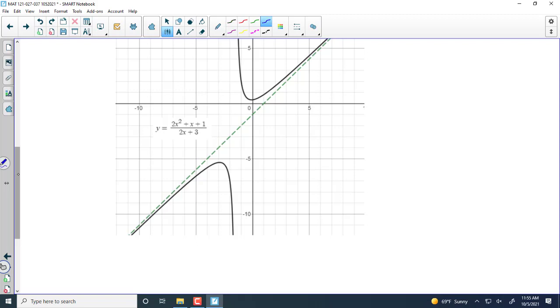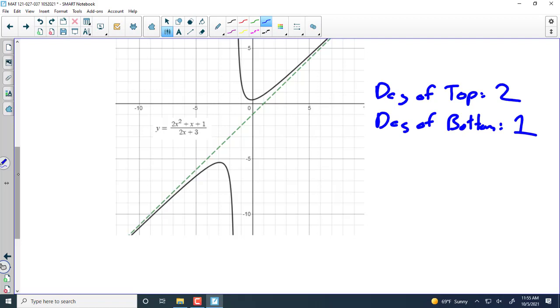It happens because the degree of the top is 2, and the degree of the bottom is 1. The degree on the top is larger. That's what creates a slant asymptote. There is no horizontal asymptote when this happens. This is not on your test. But be careful when you're doing your homework.